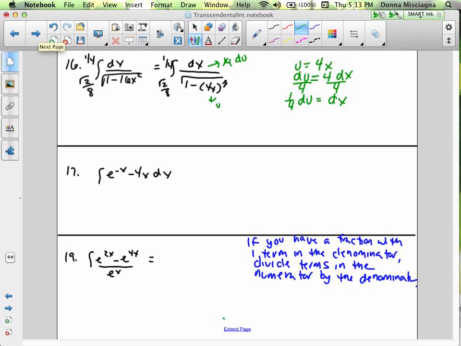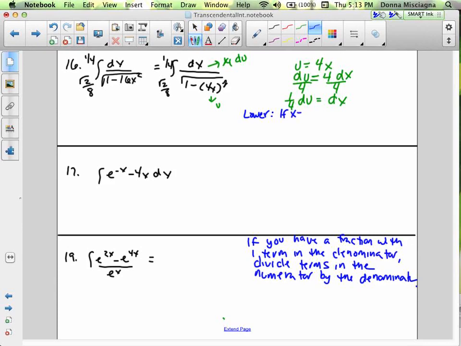All right, and this is a definite integral. And rather than having to substitute back, let's change the limits of integration. So this is the lower limit.